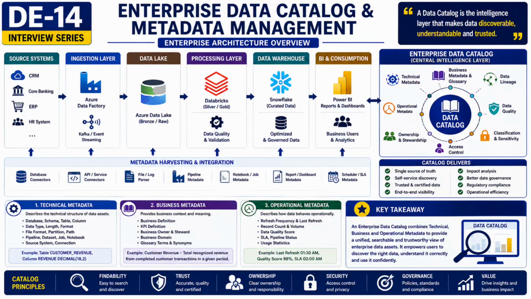For example, it can understand what databases exist, what schemas exist, what tables and columns exist, which pipelines load these tables, what each business term means, who owns the data set, is the data confidential, what is the data quality score, when was it last refreshed, which reports consume it, and where did the data originate.